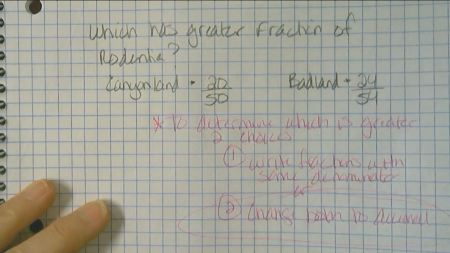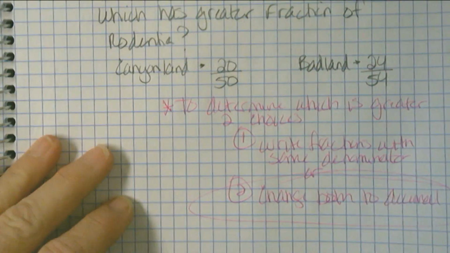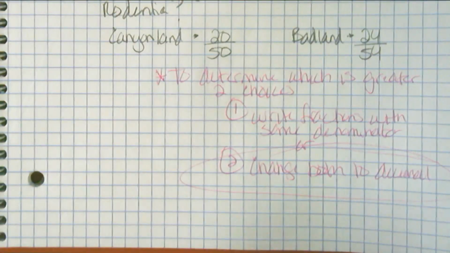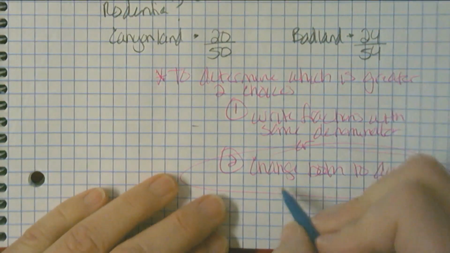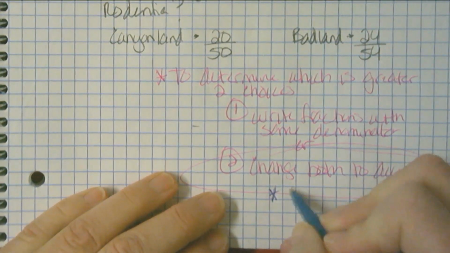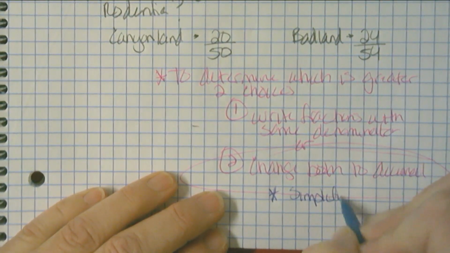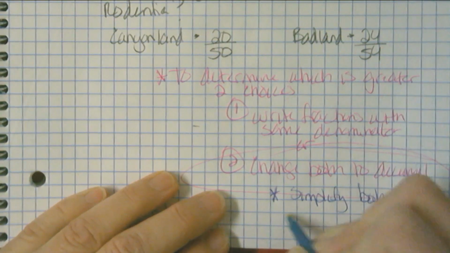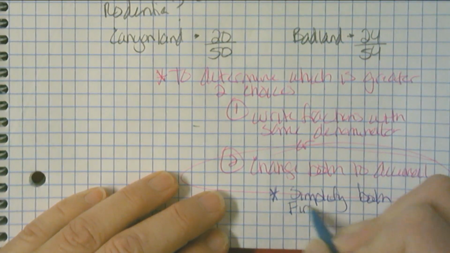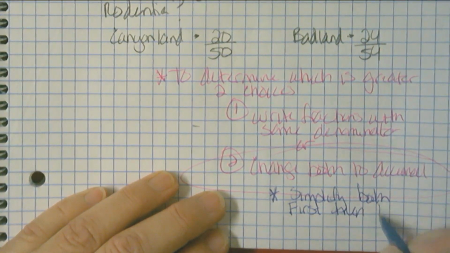That's what I want you guys doing. When you're doing this process, simplify both fractions first and then do the division. Life's going to be a lot easier. So simplify both first, then divide. All of you do that, please.